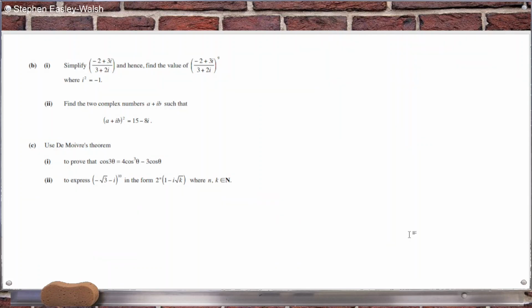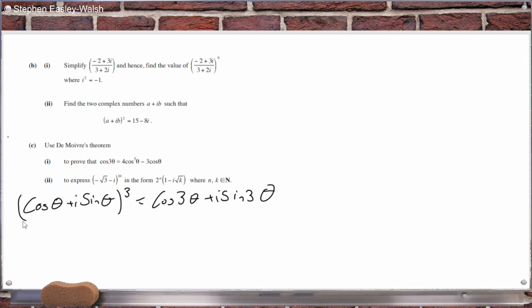Alright, the last part here. Use De Moivre's theorem to prove this. Okay, so we'll go with cos theta plus i sine theta cubed should equal cos 3 theta plus i sine 3 theta.